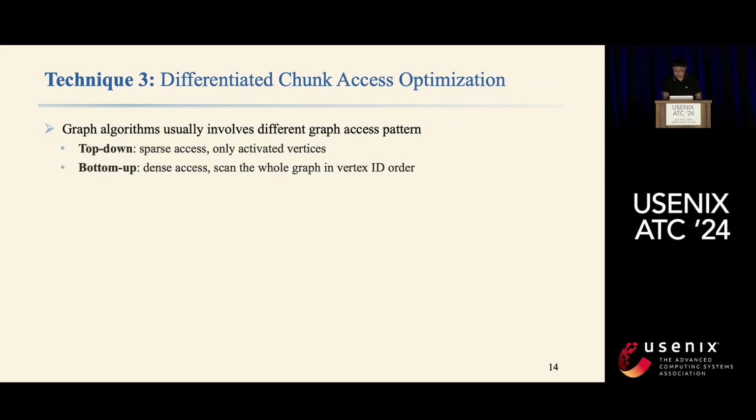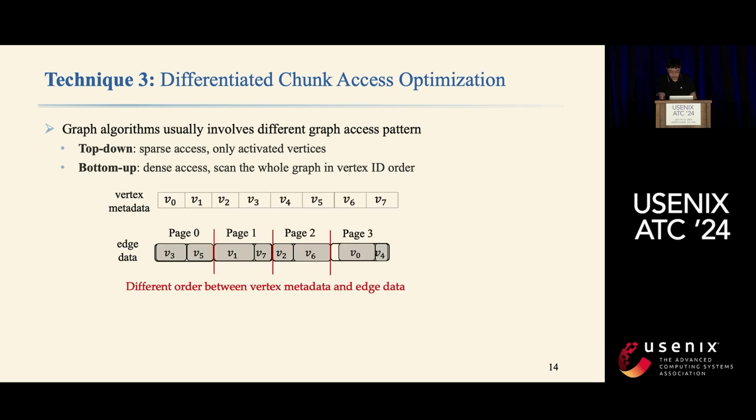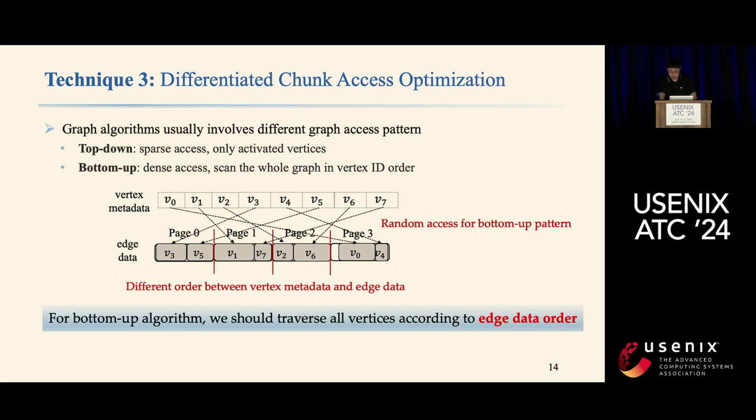The third technique concerns different access patterns for graph algorithms in modern systems. The top-down pattern accesses parts of the graph, while the bottom-up pattern scans all vertices to find active parts. In this pattern, the vertex access order is different from the reordering order. This results in random access to each state when traversing all vertices, affecting the optimization effect of the chunk layout.